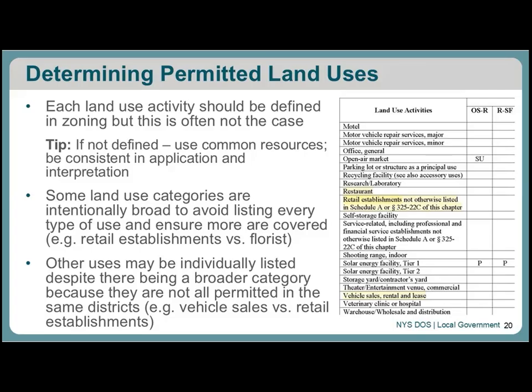So if you look at the highlighted example here, you see retail establishments is a category not otherwise listed in this schedule. If you look farther down, you'll see that vehicle sales, rental, and lease is listed. So if somebody is proposing a car dealership, then they would go with the vehicle sales definition. If somebody was proposing, say, a florist, and florists aren't listed, they would fall under retail establishments.